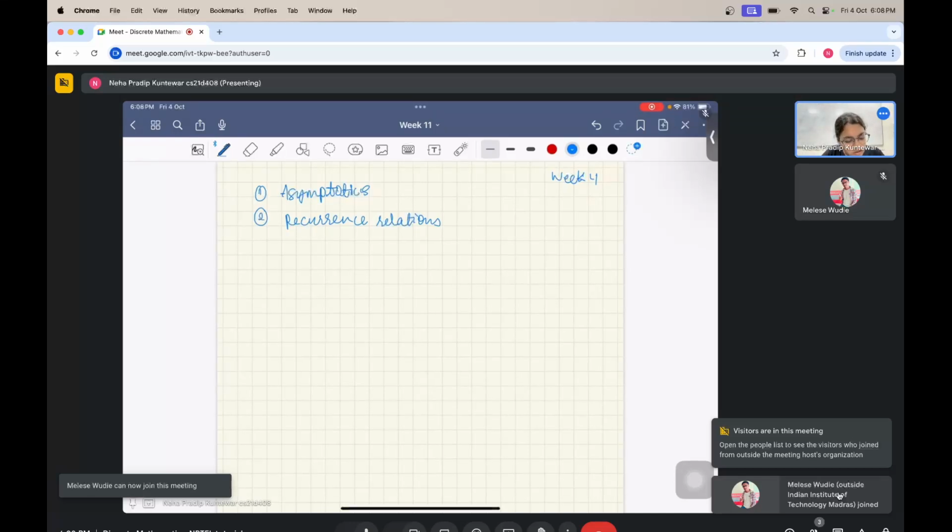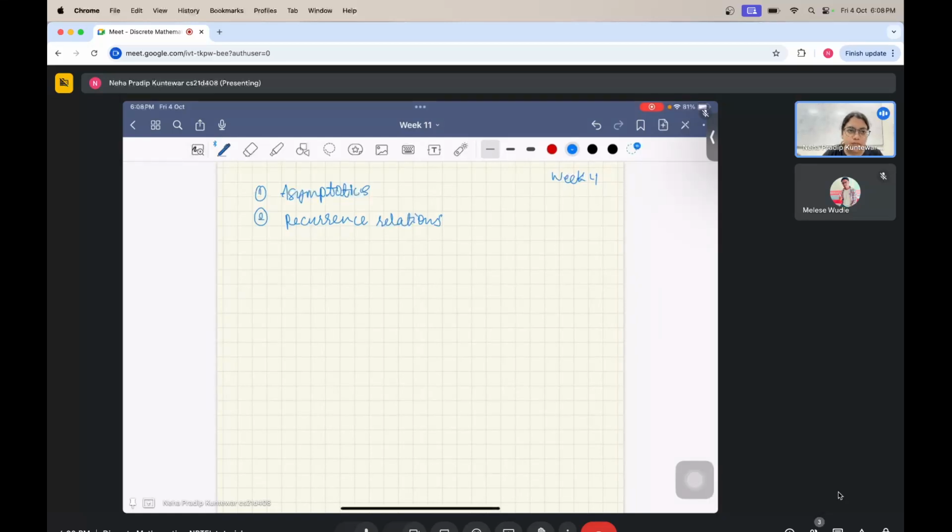Given a problem, how do you formulate a recurrence relation and how do you solve them? So one part is formulation and the other part is solving them. We will define these terms as and when we come across them.